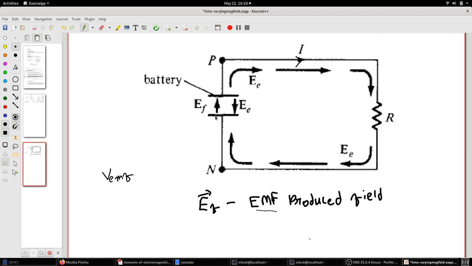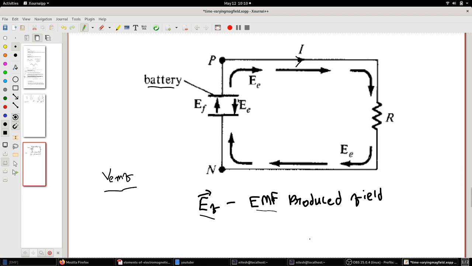So there's some kind of work being done. Work done upon charge is voltage, so that's your VEMF of the battery. This EMF, this potential difference, produces a field which is called EF. The direction of the field EF is this one.